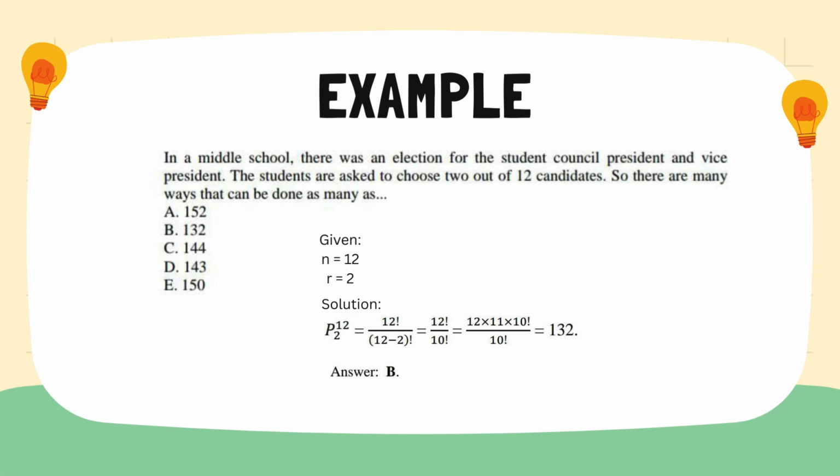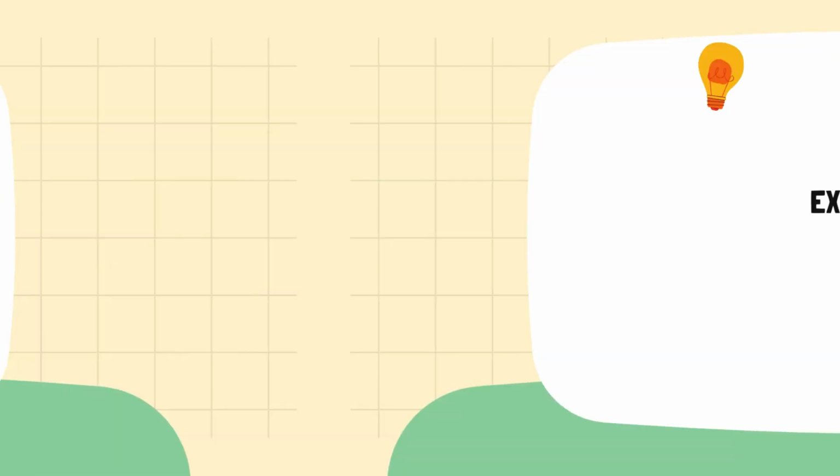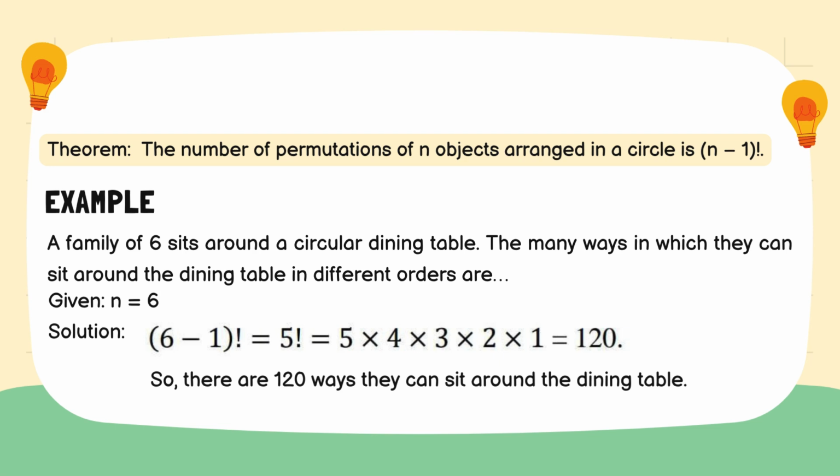It's pretty easy, right? Okay, so I have a theorem again here. The theorem states that the number of permutations of n objects arranged in a circle is n minus 1 factorial. So we just go to the example. We have a family of 6 sitting around a circular dining table. The question is in how many different orders can they sit around the dining table.